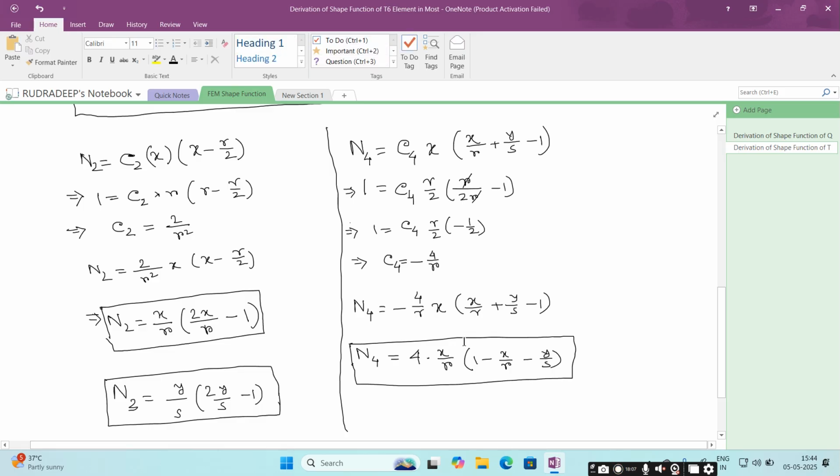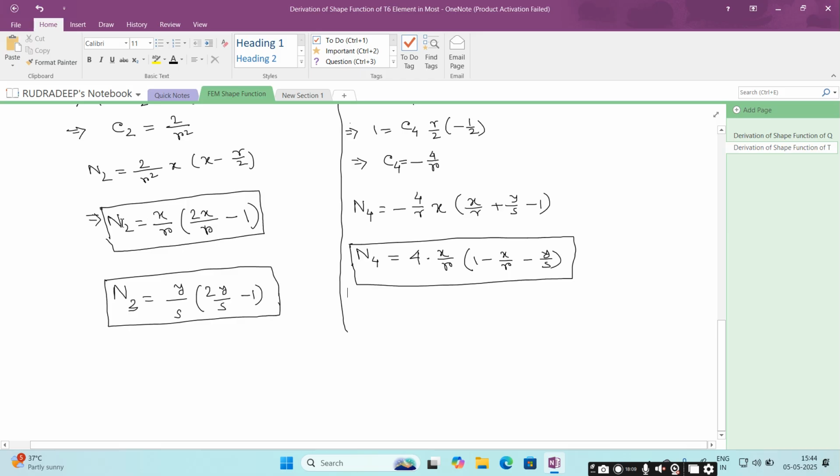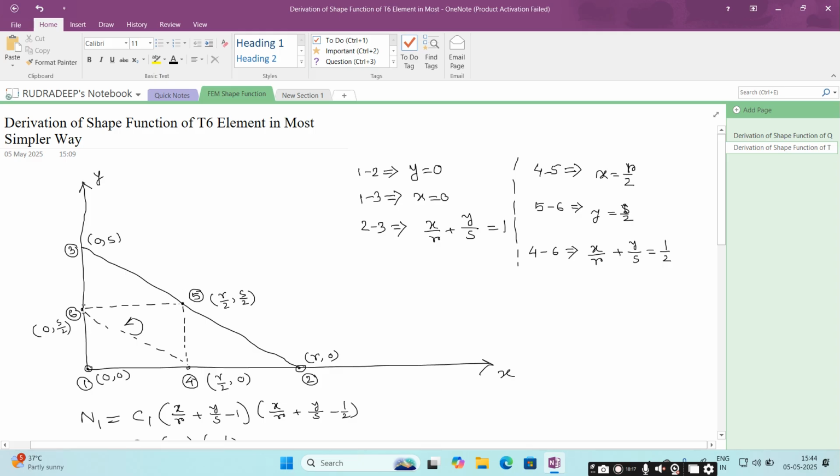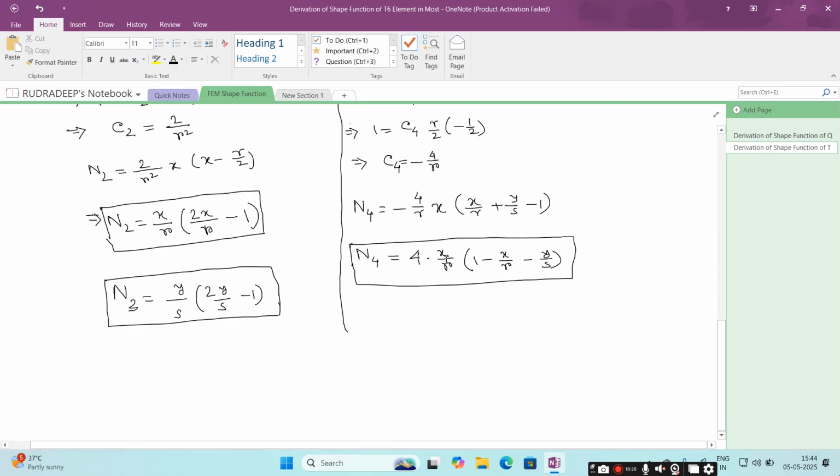Similarly, as I derived the shape function for n3 from n2, for n6 I can do the same thing from the value of n4. I will just replace x with y, y with x, r with s and s with r.